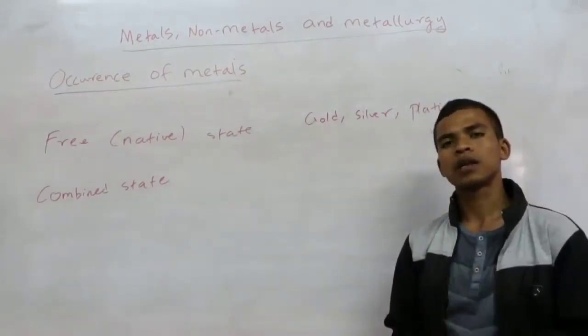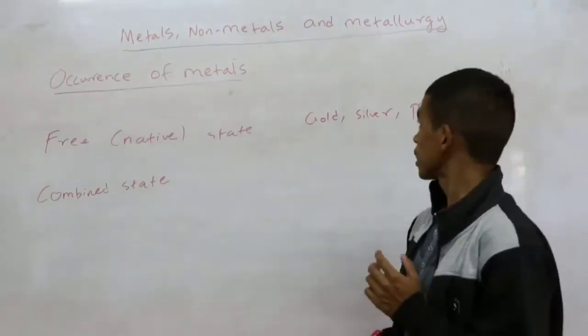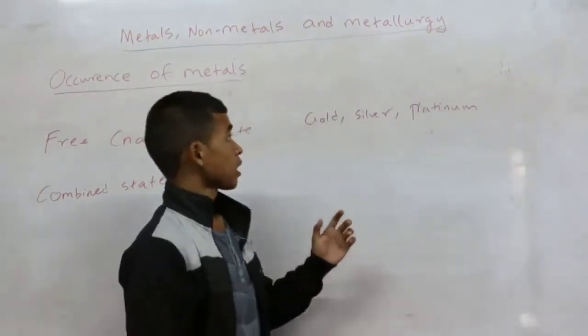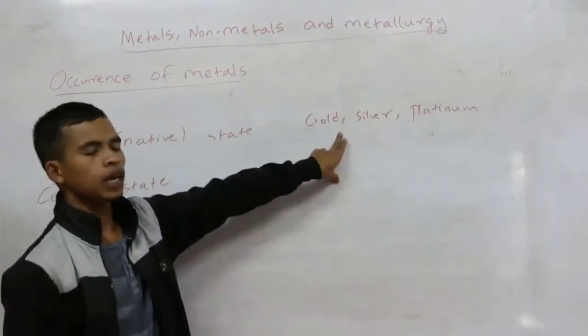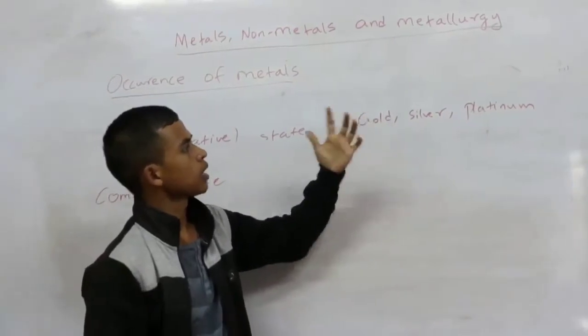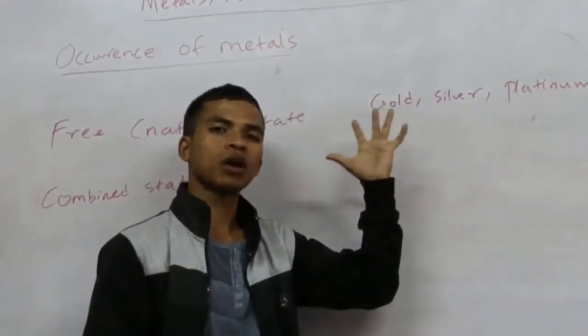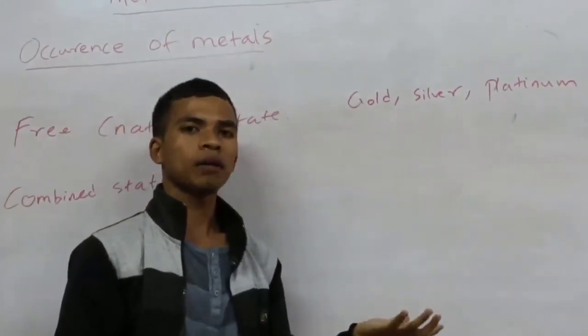When they come in contact with air or carbon dioxide, they are not reactive. So they will not react with air to form oxides or with other elements. So they occur as elements and they do not combine with other elements.